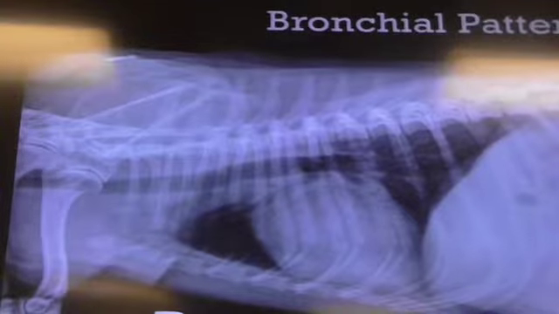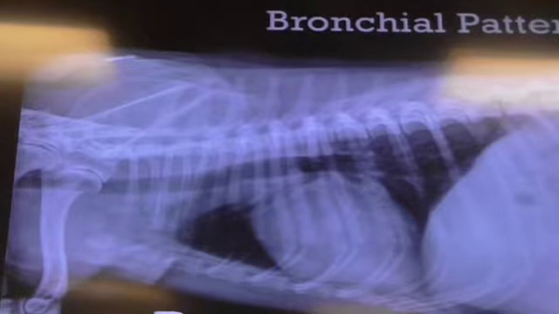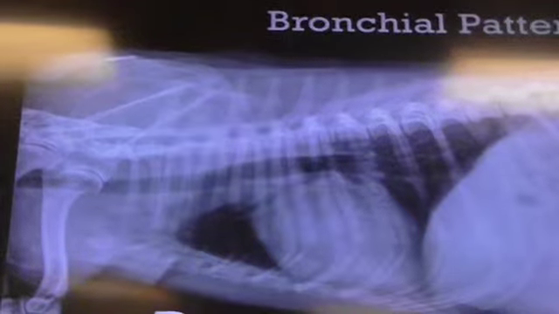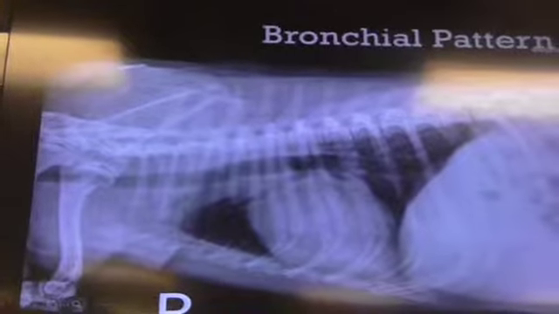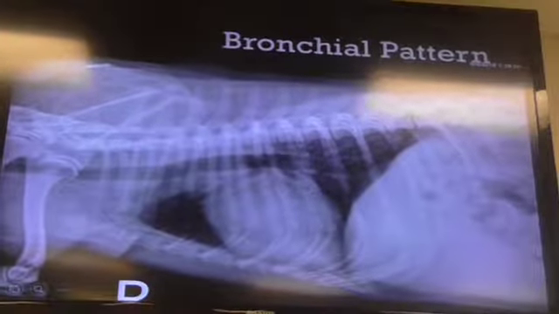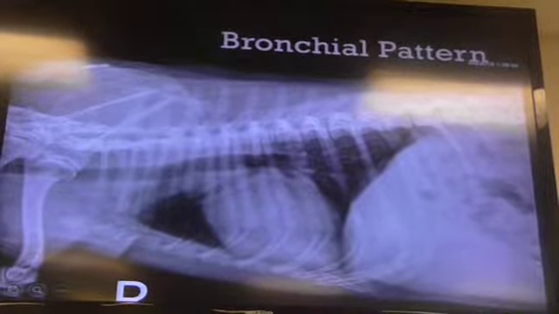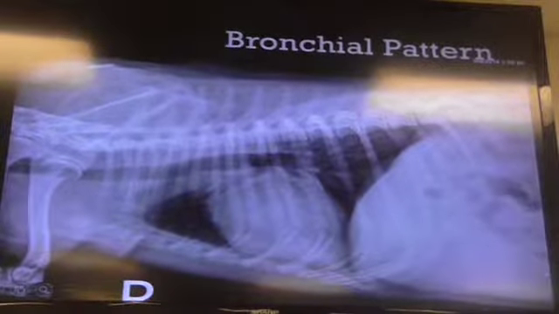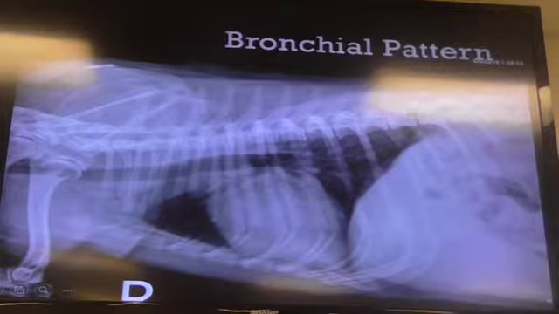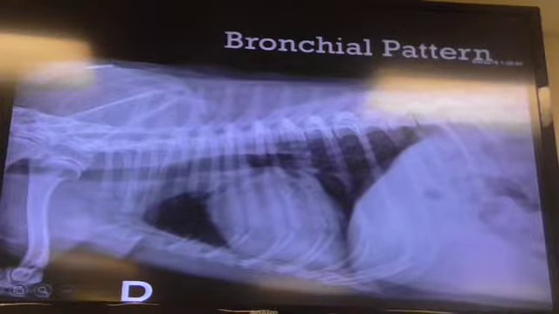So start out with some radiographs. Now, I know you usually get the worst-case scenario bronchial patterns as your examples, and it's important to know the criteria for those so that you can say, okay, am I seeing all the things that fit with this? Most of your bronchial patterns are going to look like this. From far away, you want to call it interstitial.